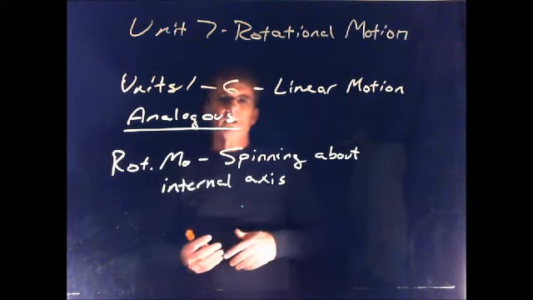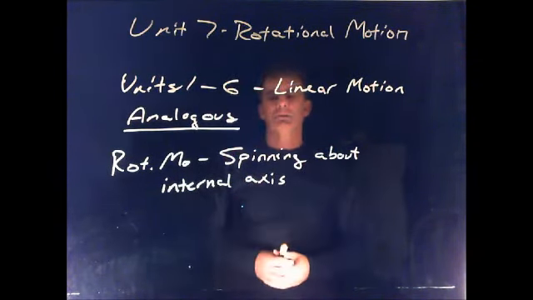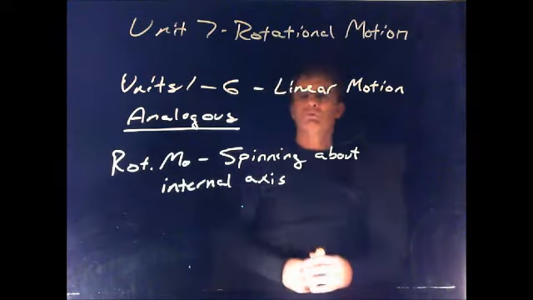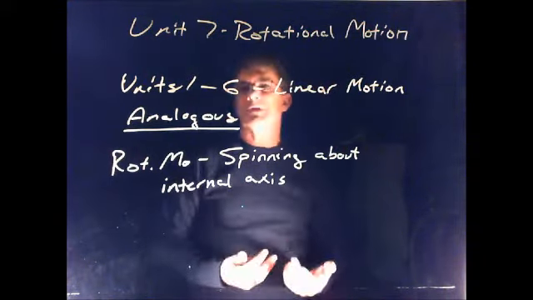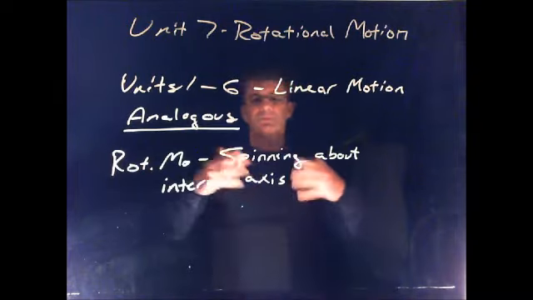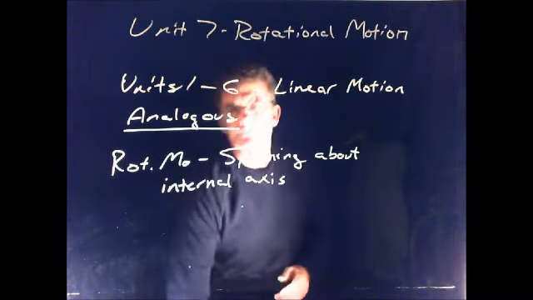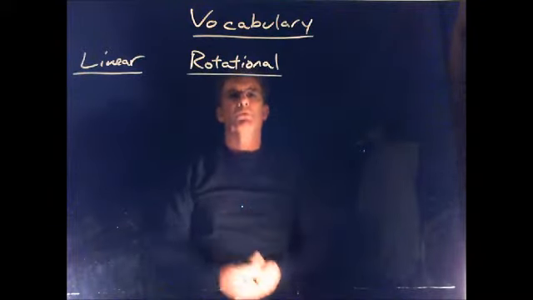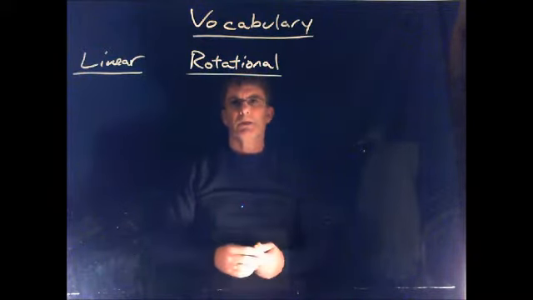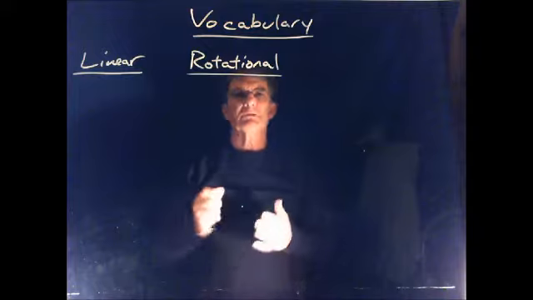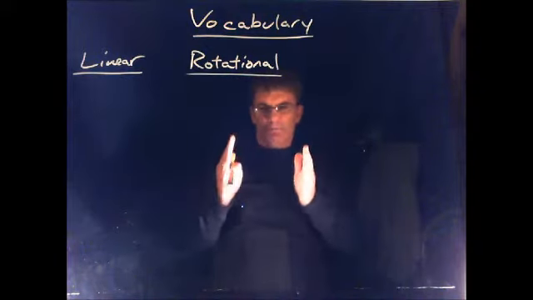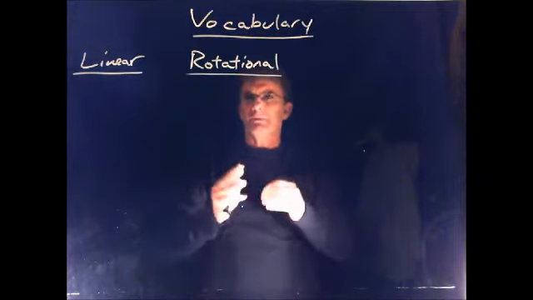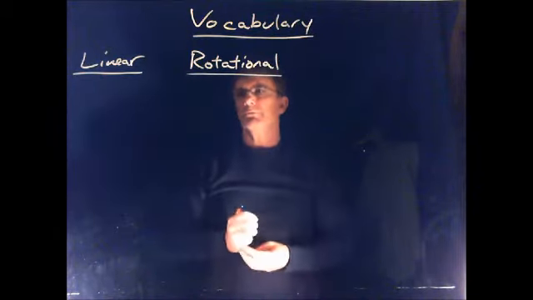So before I jump into all the big ideas for the entire unit, let me introduce rotational motion through the vocabulary, because that's what really makes it different from linear motion. I'm a big proponent of vocabulary. I firmly believe that the better the kids are able to understand and use the vocabulary, the better they understand everything that we do.